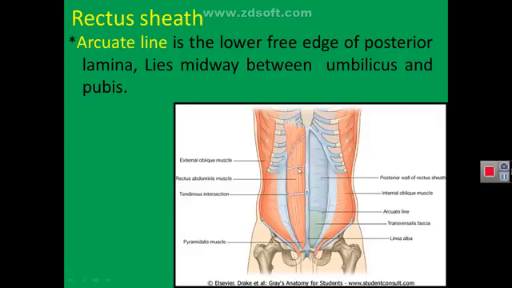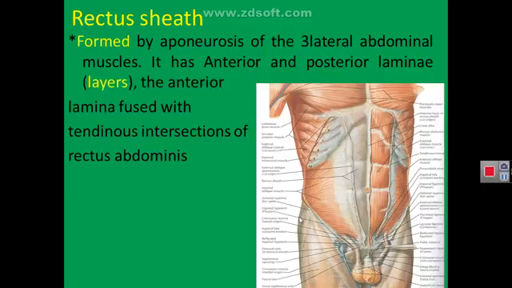If you remove the rectus abdominis muscle, of course you can see that the anterior wall of the rectus sheath, which is this one, covers all the rectus abdominis muscle from the origin, from the pubic symphysis and pubic crest, to the insertion into the 5, 6, 7 ribs. All the rectus abdominis is covered by the anterior wall anteriorly.